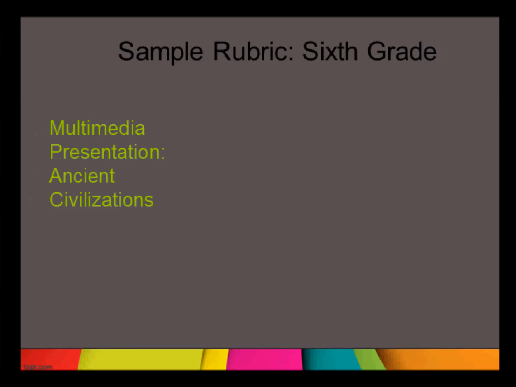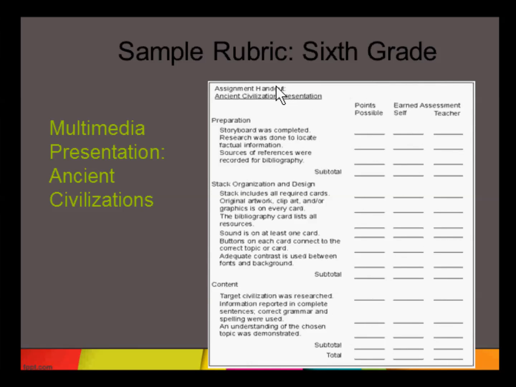So this sample rubric is for a 6th grade multimedia presentation on ancient civilizations. Now notice this rubric is designed a little bit differently. I've got the points possible, and then the self-assessment column, and then the teacher assessment column.